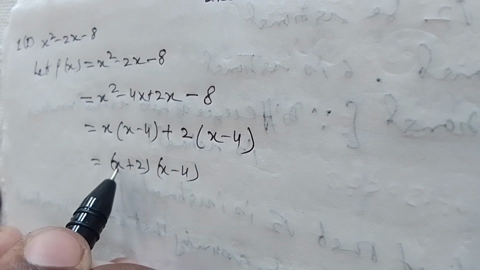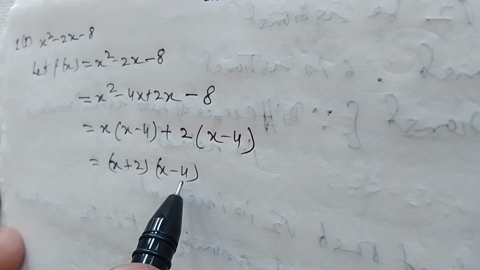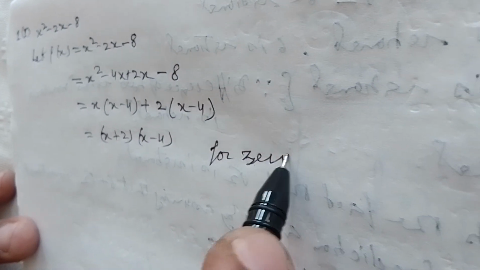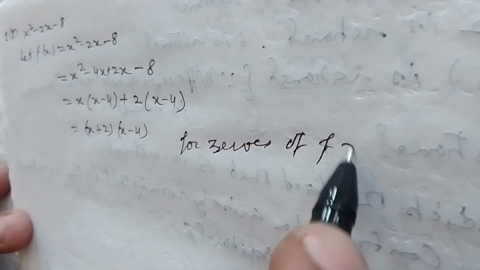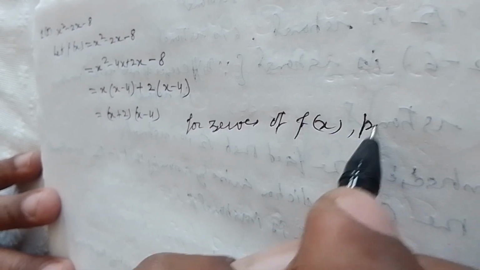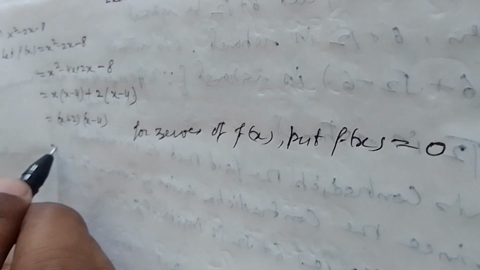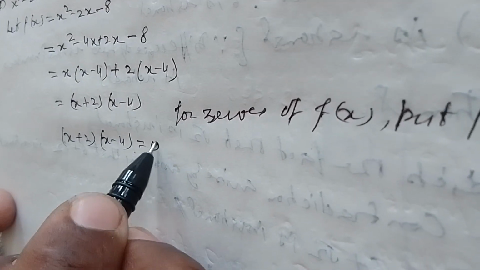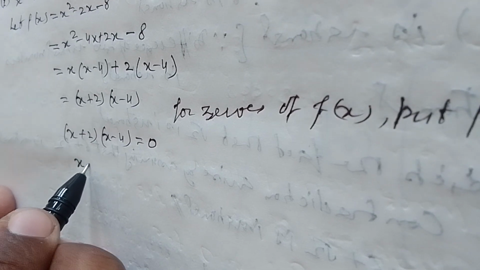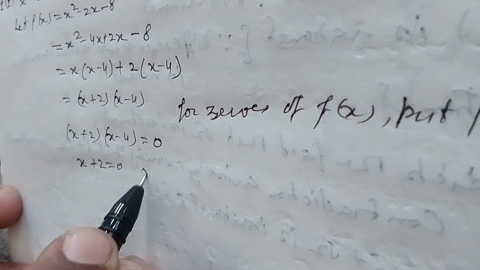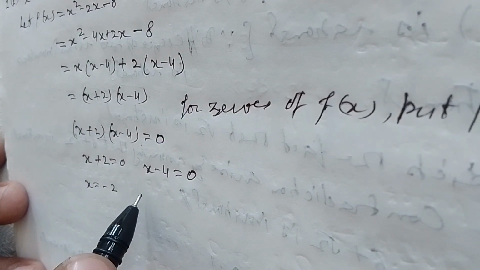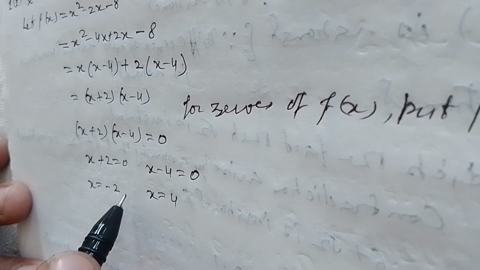Now for zeros of function f(x), put f(x) equal to 0, so (x plus 2)(x minus 4) equals 0. So x plus 2 is equal to 0 and x minus 4 is equal to 0. x comes out to be minus 2 or x comes out to be 4.